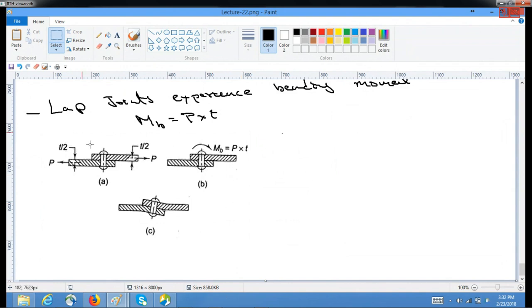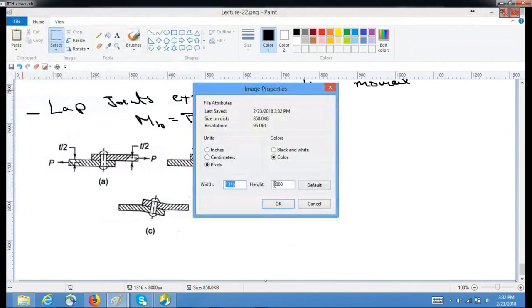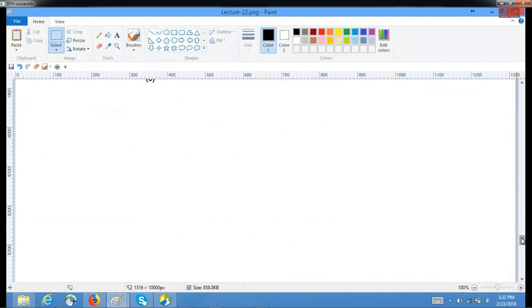The next type of rivet joint is the butt joint. Under the butt joint, there are several different types of classification.